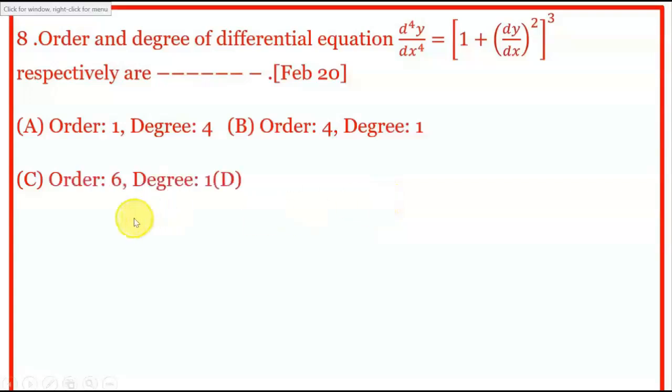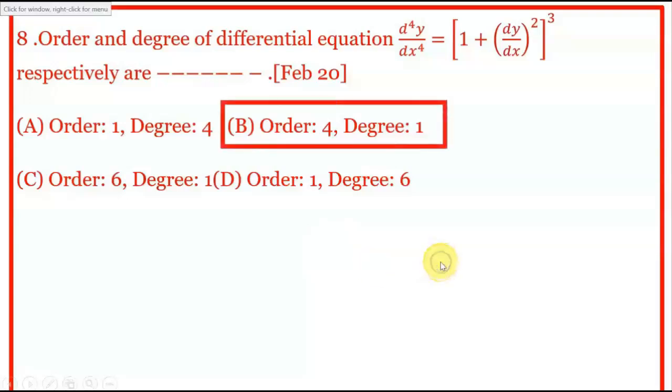C: order 6, degree 1. And D: order 1 and degree 6. Now here it is clear that the radicand or the brackets are positive numbers, that is natural numbers, positive integers. Therefore here the order is 4 and the degree is 1, and hence option B is correct here.